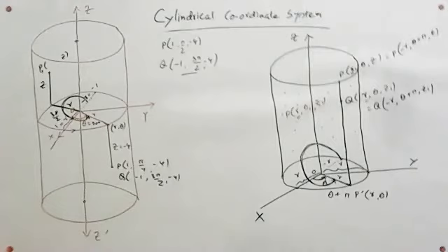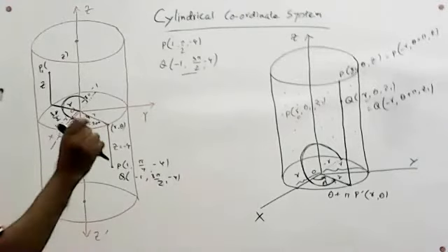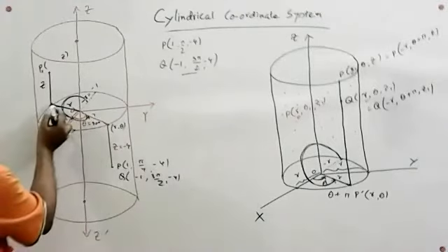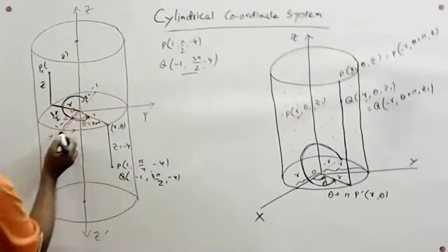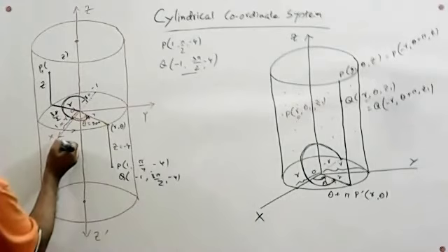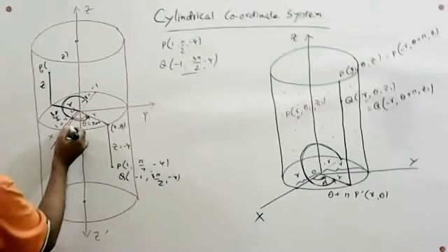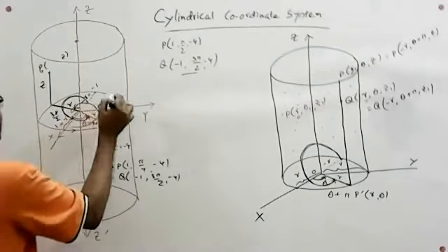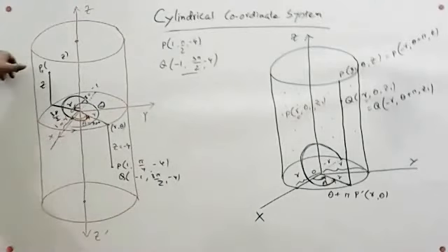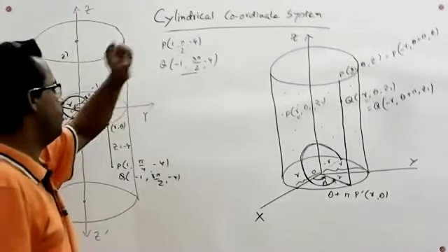Now we have to measure the angle with the positive x-axis with this polar distance R. Then we have to move from here anticlockwise. This is theta. I again repeat this. You have been given a point P1, then we will have to locate this point, or find out the dimension of this point.